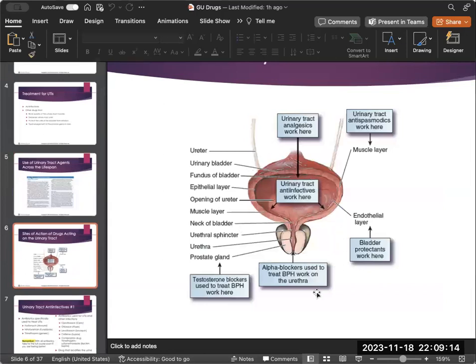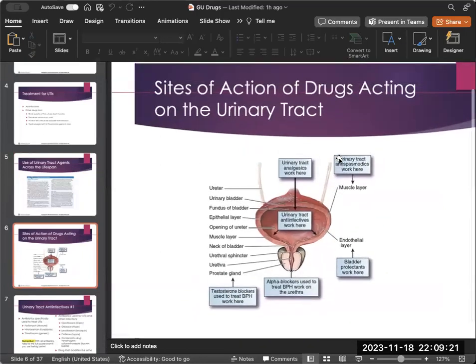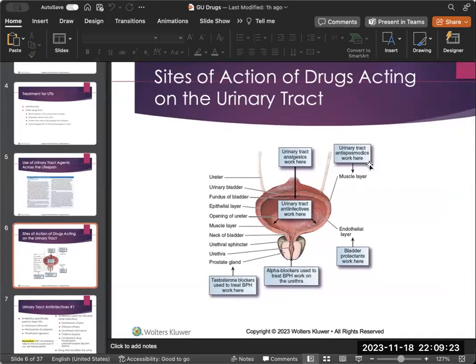Now, here is where these different types of drugs can work. So we have those antispasmodics that can work in the muscular layer. Those urinary tract analgesics really work inside the fundus of the bladder, okay?